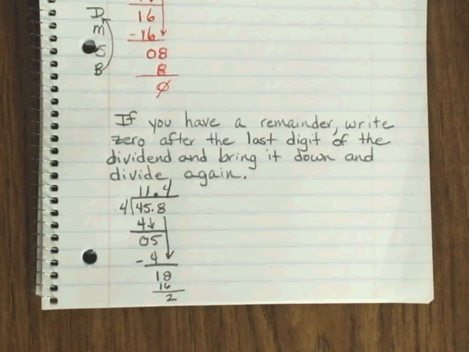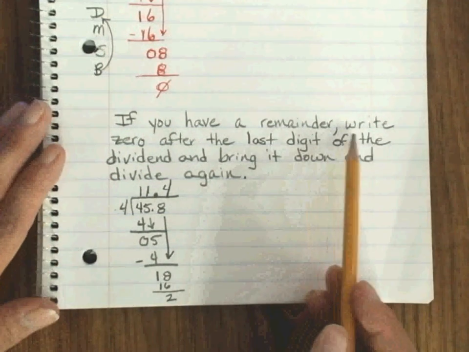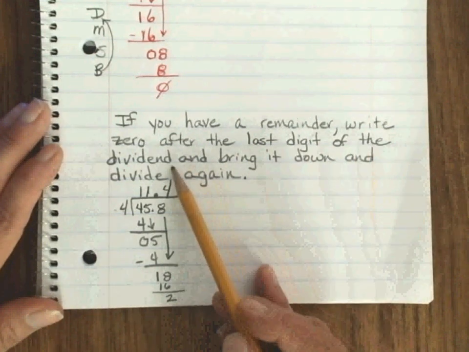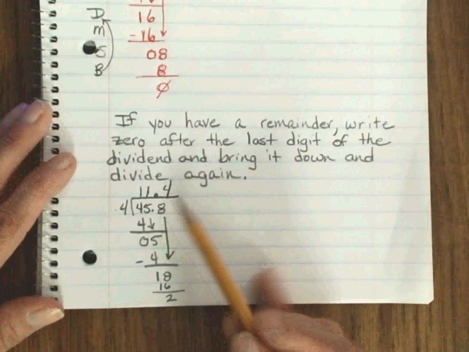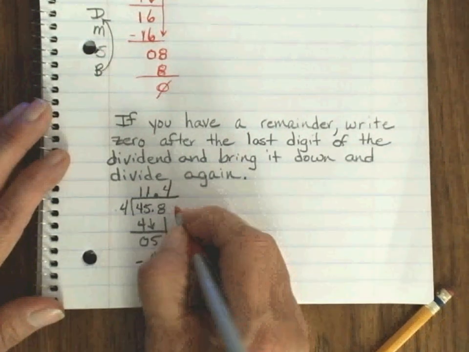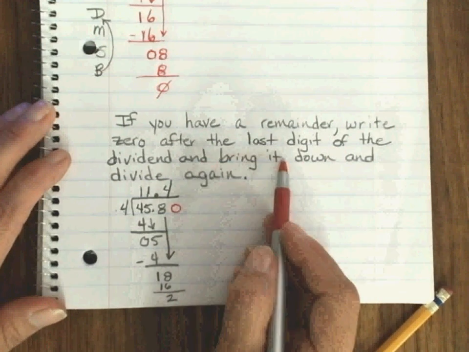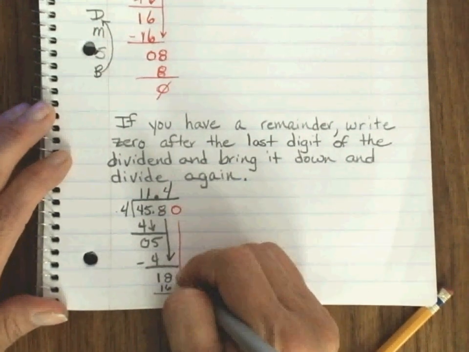Now remember, this is very important. When dividing decimals, we are not going to leave a remainder. Let me say that again. We will not leave a remainder. So what does it say we're going to do? We're going to write a 0 after the last digit of the dividend. So here's my dividend right here. I'm going to put a 0 here. And then what does it say to do with that 0? Bring it down and divide again.